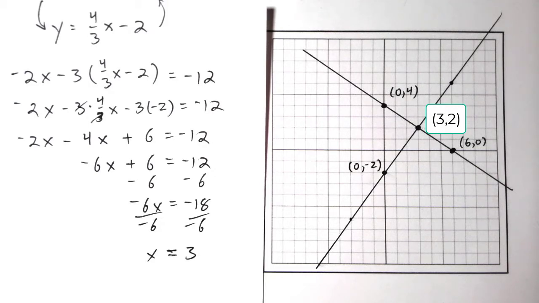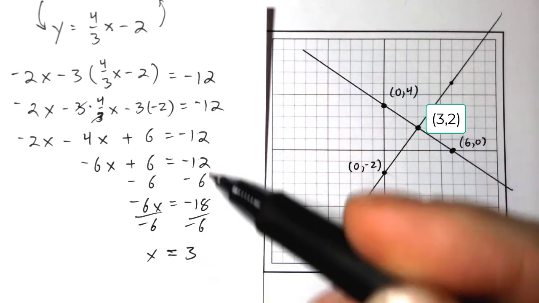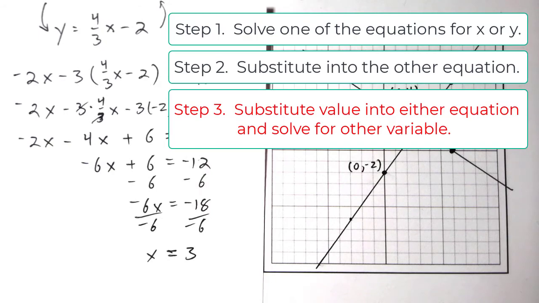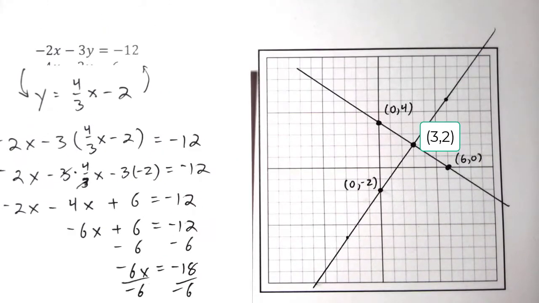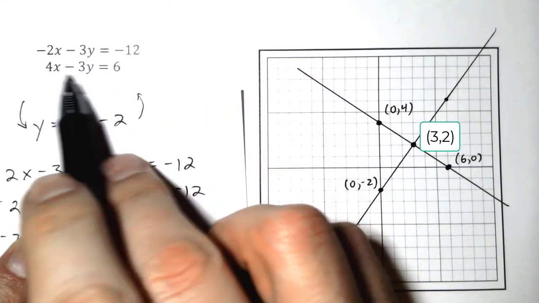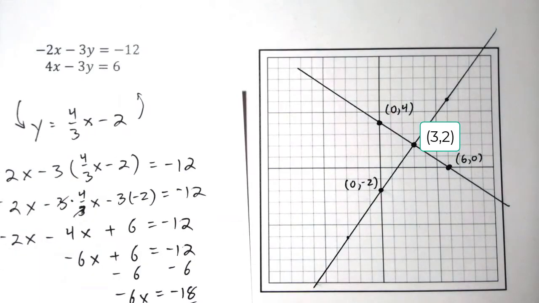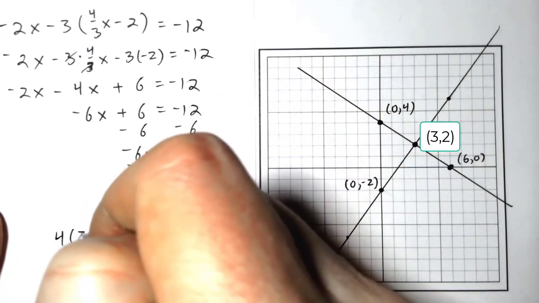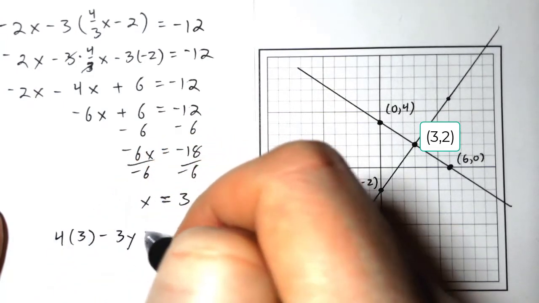How do we get the other part? Well, the same thing we did in the addition method. We're going to take this one and substitute it back into one of the equations and solve for the other variable. So we're going to substitute again, the second substitution. Let's just plug it into this equation here: 4x minus 3y equals 6. For x is 3, minus 3y equals 6.